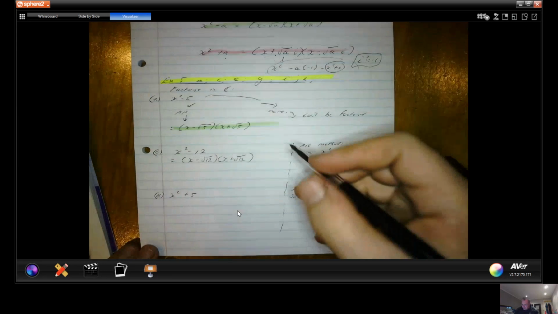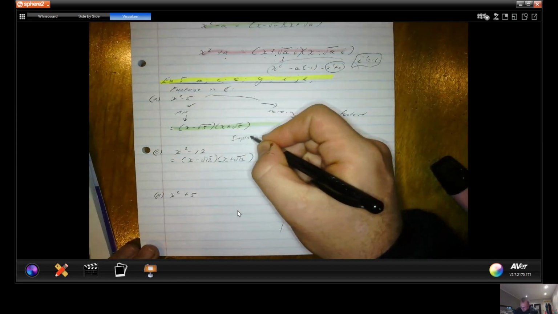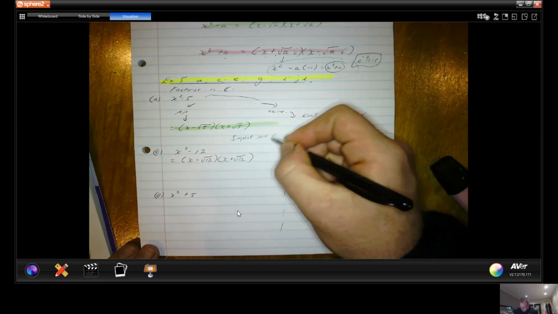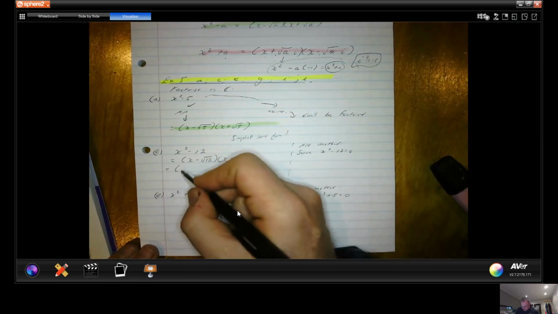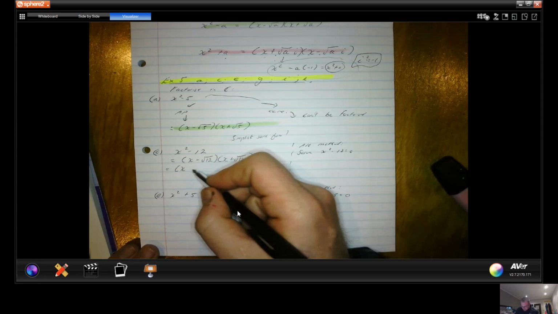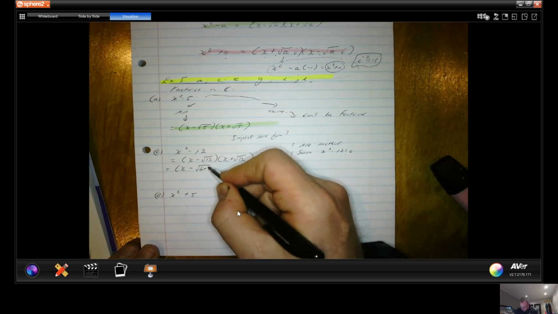And ideally, it's implicit that everything we don't have to, should be in simplest surd form. So you can cheat and use your calculator, but it's not that difficult. I'm going to show you the step. Normally I wouldn't. That would be 4 times 3, 12.